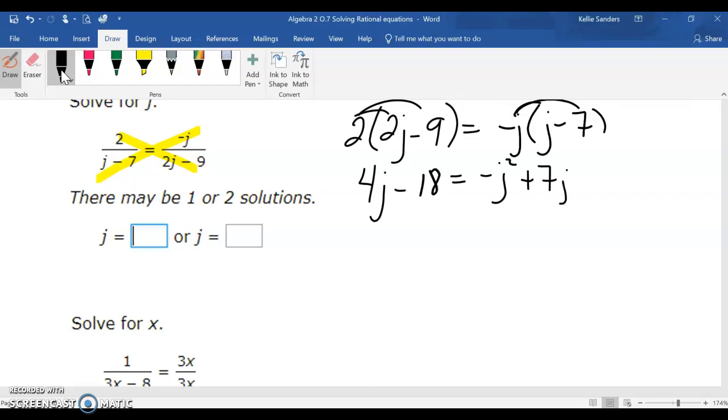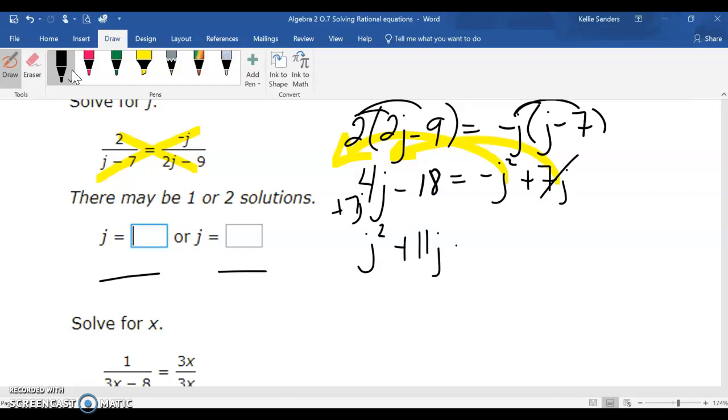We're left with only 1 j squared, so there's nothing to cancel with it. So we are going to get 2 answers. Our j squared right now is negative, so I'm going to bring everything over to this side to get it equal to 0. To make a positive j squared, I'm going to bring that 7 over and make it positive 7j. 4j plus 7j is 11j.